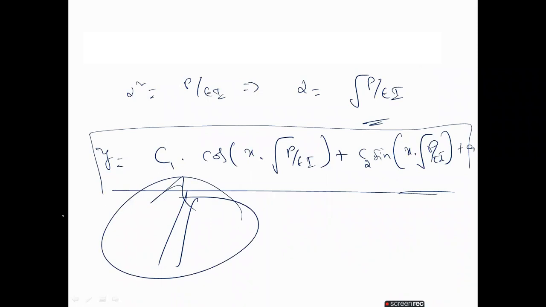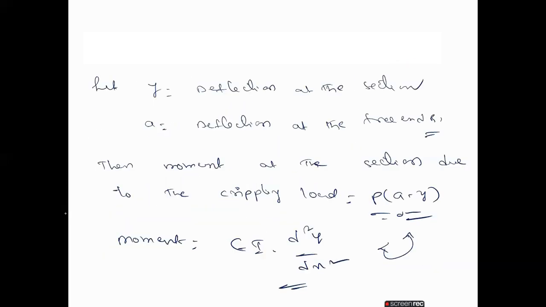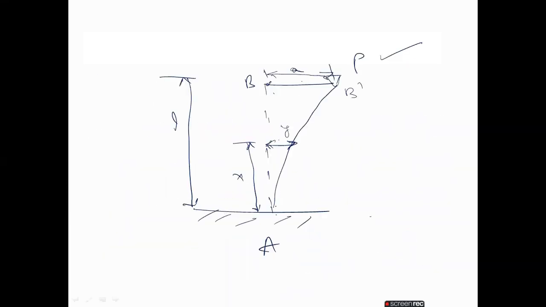Now we will move ahead to the boundary conditions. When you observe the diagram at point A, you see that x equals 0, and at the same time the slope dy/dx is also 0.